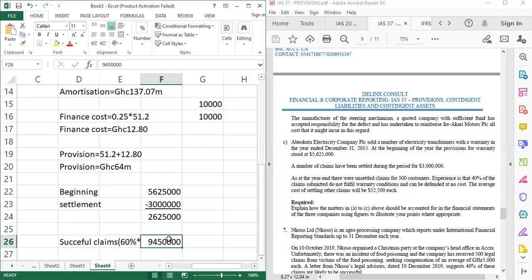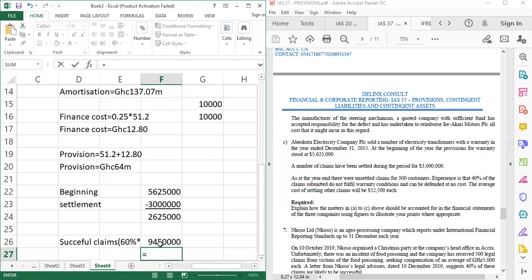So as at the year end, there were unsettled claims for 300 customers. Experience is that 40% of the claims submitted do not fulfill warranty conditions. But what is the provision balance that we have? 2,625,000.